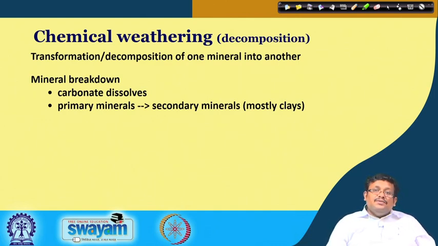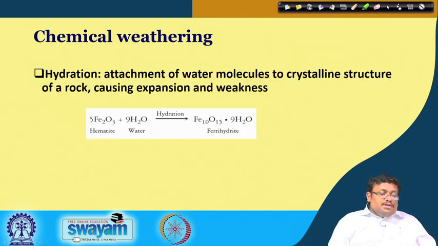So, let us start with different processes of chemical weathering or decomposition. The first process is hydration. Hydration is basically the attachment of water molecules to the crystalline structure of rocks, causing expansion and weakness.